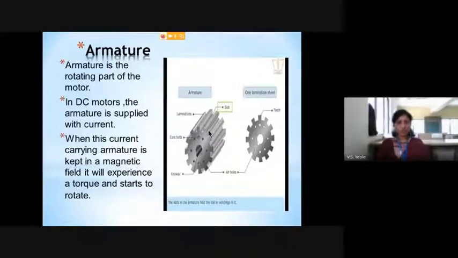In DC motor, this armature is supplied with current, and when the current carrying armature is kept in a magnetic field, it will experience a torque and it will start rotating. So once this armature rotates, the shaft will also rotate.